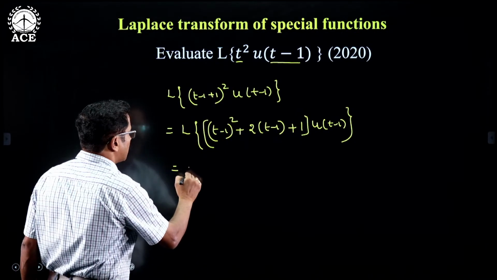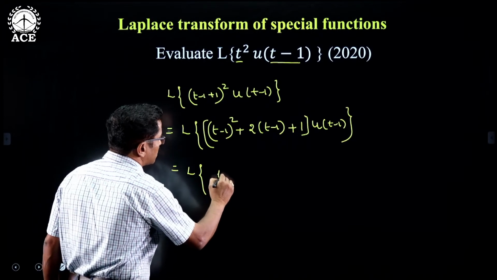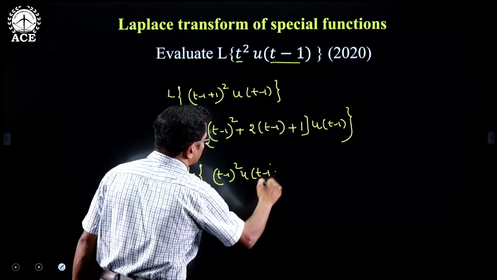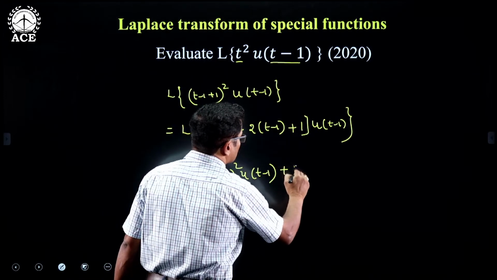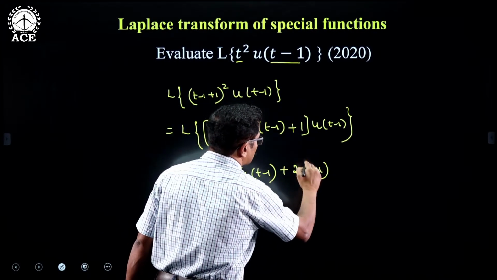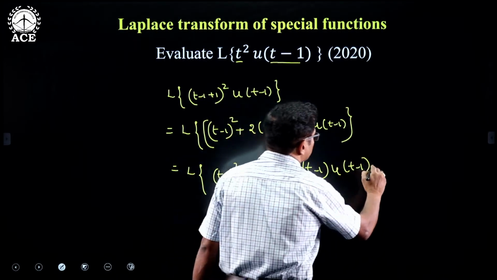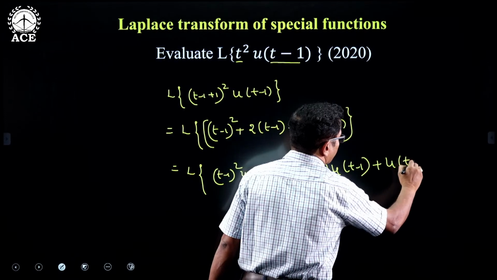So which is equal to L of t minus 1 whole square into u of t minus 1, plus 2 into t minus 1 into u of t minus 1, plus u of t minus 1.